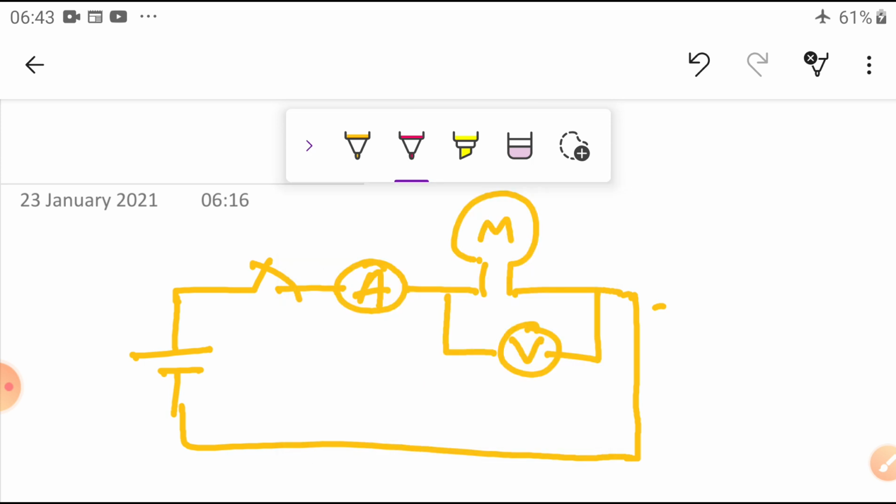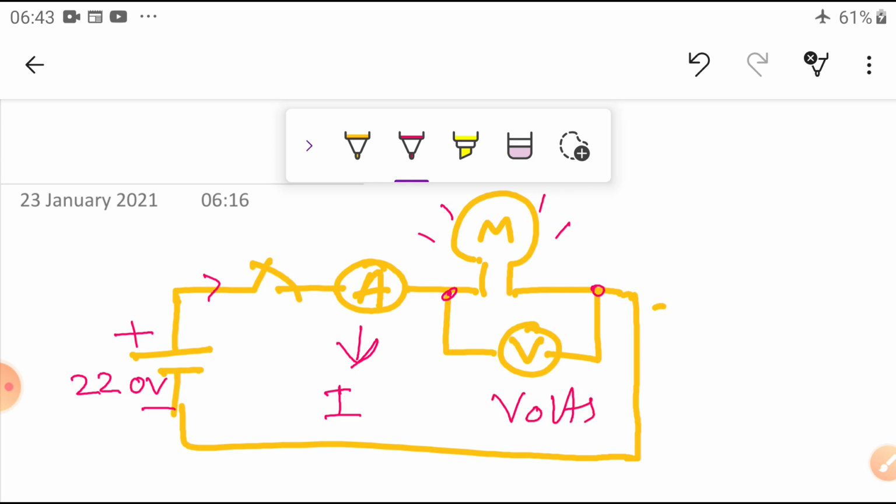Automatically the current will pass through this circuit. For example, plus minus, you can see 220 volts DC. How much current is flowing in the circuit is given by our ammeter, and the voltage drop across our bulb, the incandescent lamp, is indicated by our voltmeter in volts. So this is a simple circuit.